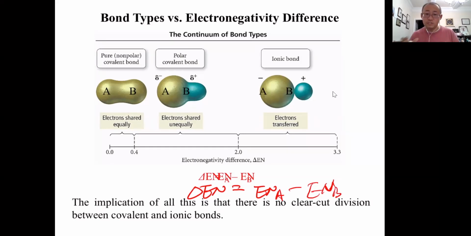Polar covalent bond means that A, for example, in this case, shares more electrons and has greater electron activity. So A bears a partial negative charge and B bears a partial positive charge, and there is a dipole involved in the polar covalent bond.